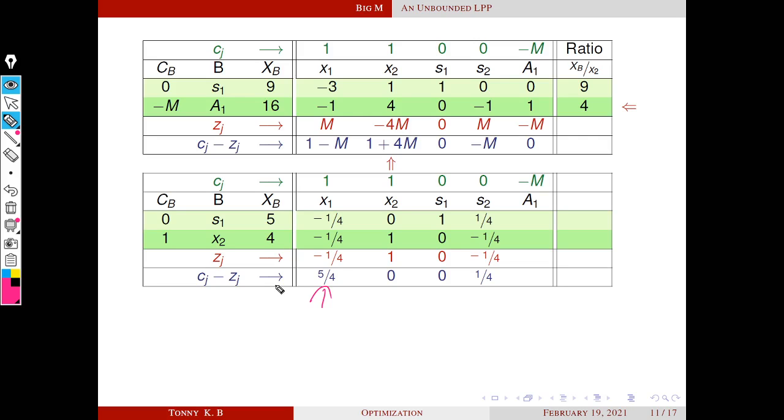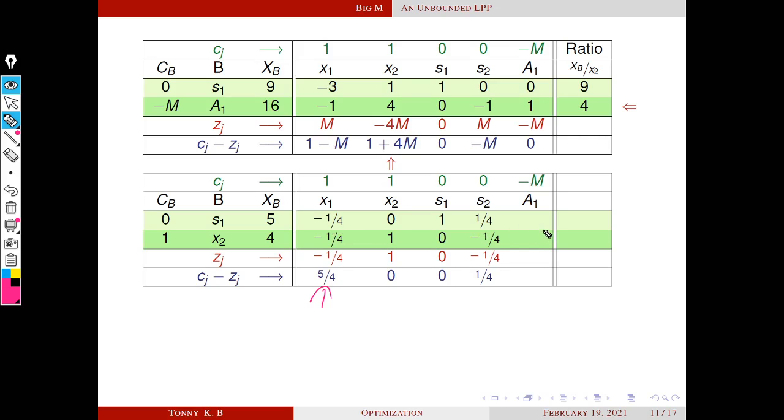Is it possible to take the ratio? Yeah, here all the entries in the column corresponding to the entering variable are negative.